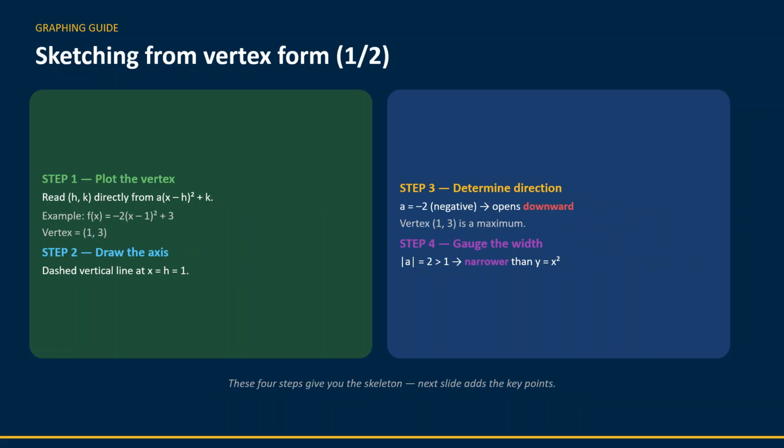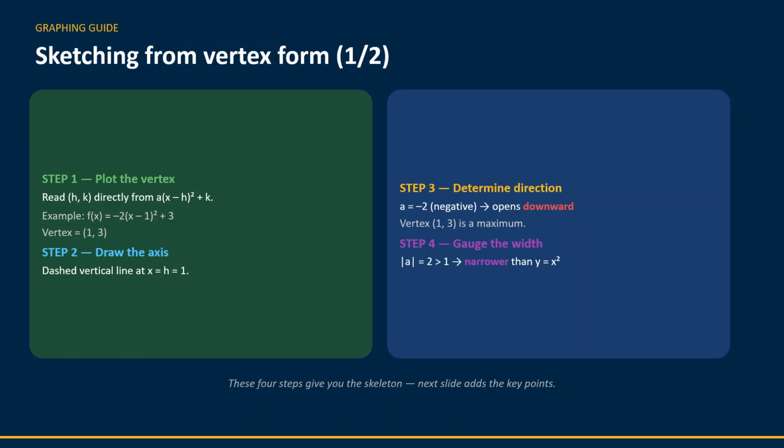Let us put everything together and sketch a parabola from vertex form. The two key steps are, first, plot the vertex, and second, use the leading coefficient a to determine the shape. For example, take f of x equals 2 times the quantity x minus 1 squared minus 3.